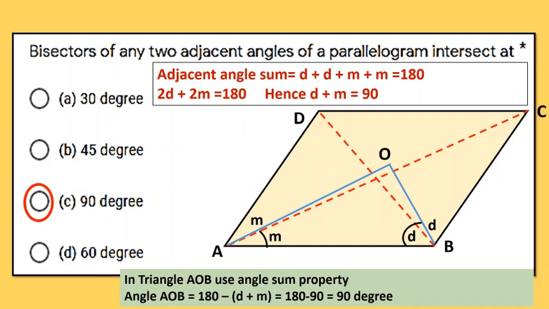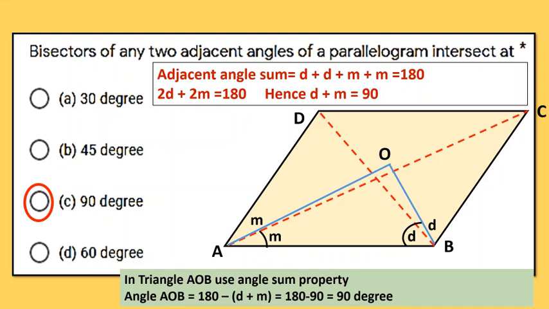OB is the angle bisector of angle ABC, and OA is the angle bisector of angle DAB. That is why I have marked it with blue color. That's not the same as the diagonal. Often it is confusing for students whether the diagonal always bisects the angle. Diagonal need not bisect the angle. This is only an example. It will not bisect the angle. So BD is not the angle bisector of B.